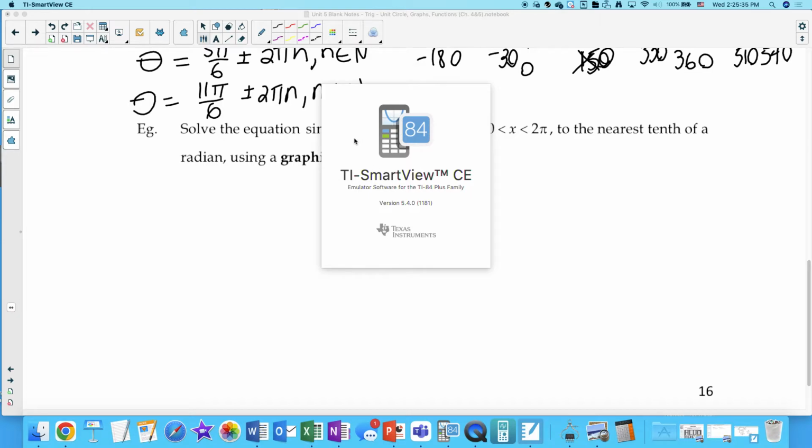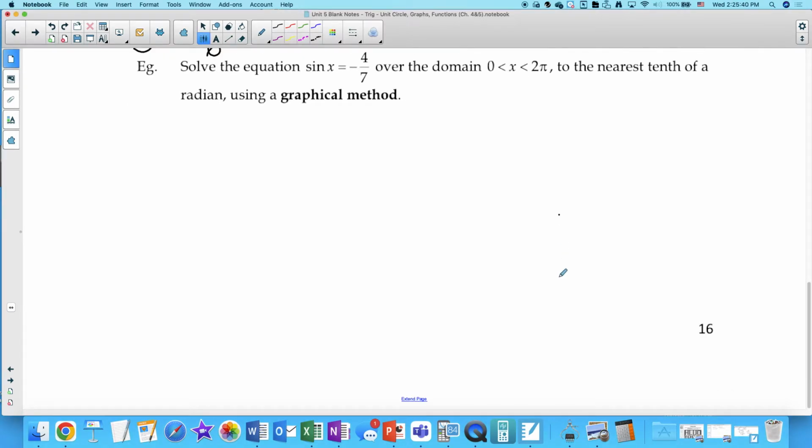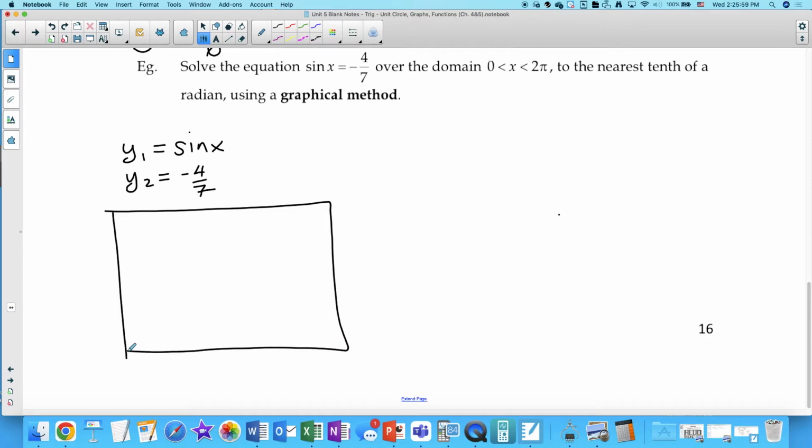And this is the same as solving any other equation using graphing. We're going to make y1 equals the left side, and y2 equals the right side. And I'm actually going to show you, if you're showing your work when solving graphically, the expectation is that you're showing the reader everything that you've done to get to your solution.